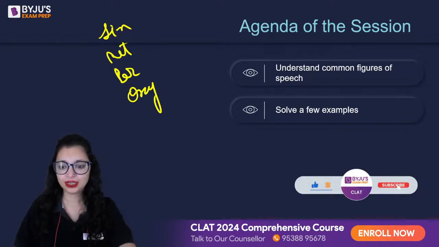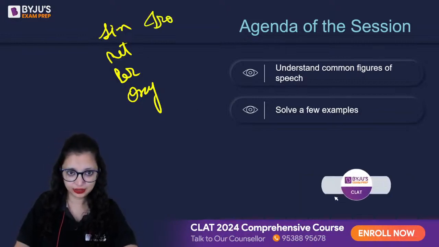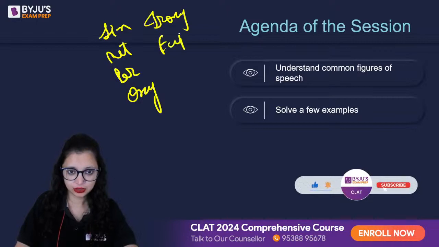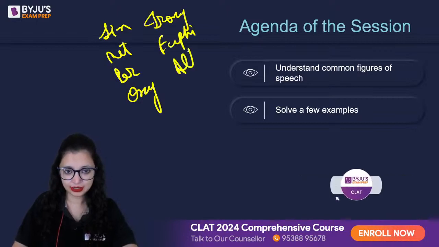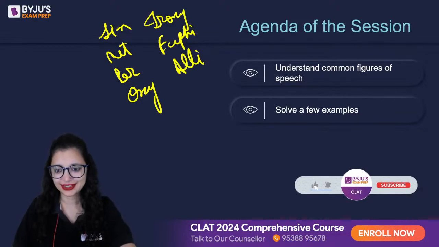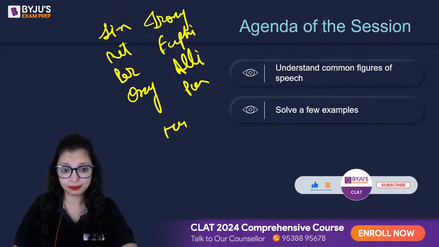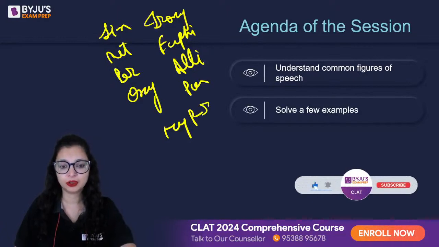Yes, we did alliteration, irony, and euphemism. Alliteration, exactly. Hyperbole, we also did hyperbole. All right. So we did all of these figures of speech.